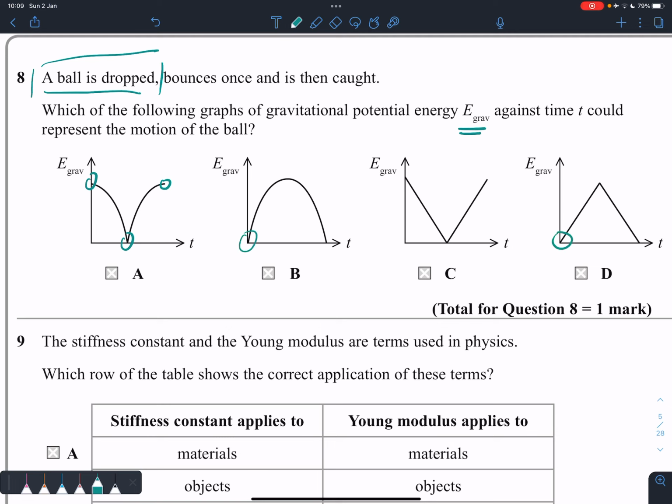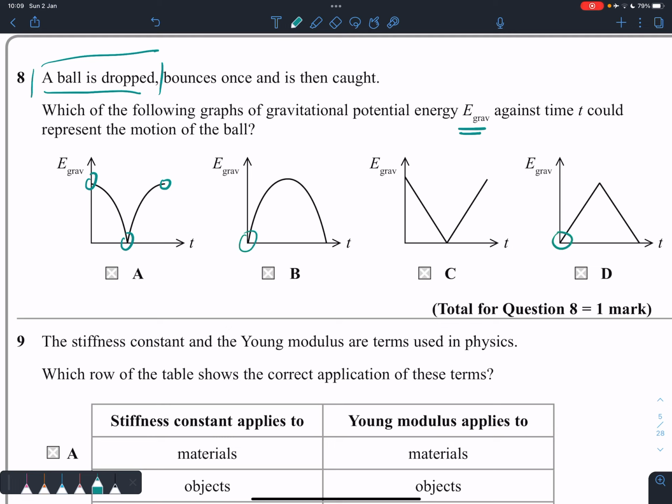And then the next thing you've got to say is whether the gravitational potential energy is likely to be changing linearly in a straight line, or is it likely to be changing as a result of a curve? And so I guess, what does it depend on? The gravitational potential energy is going to depend on height. And how's the height changing?